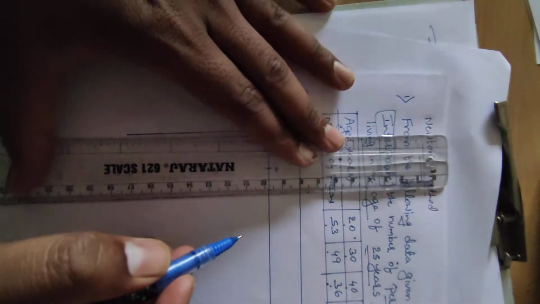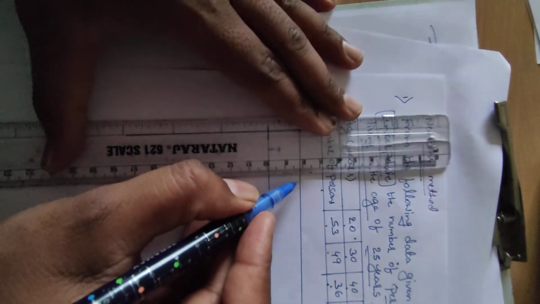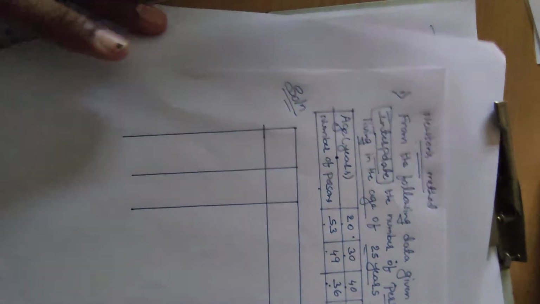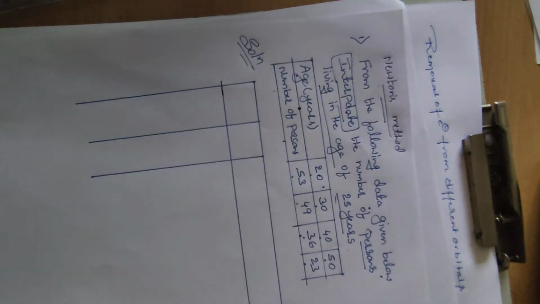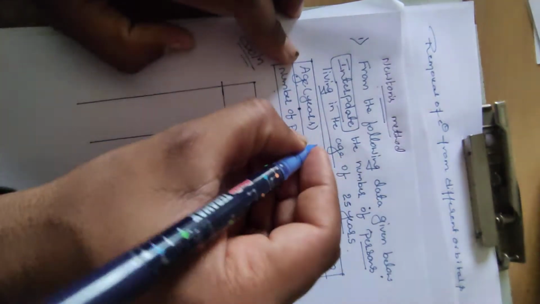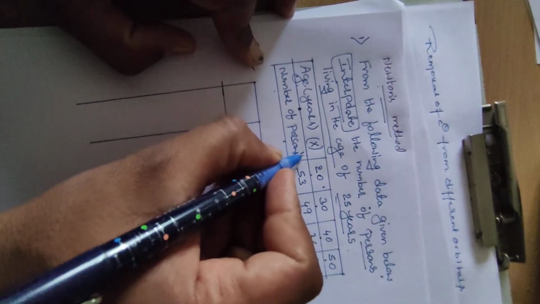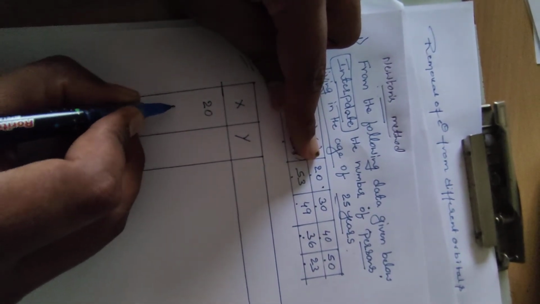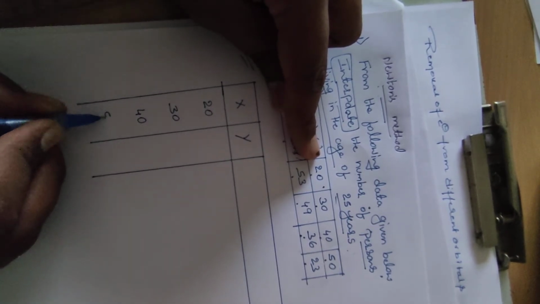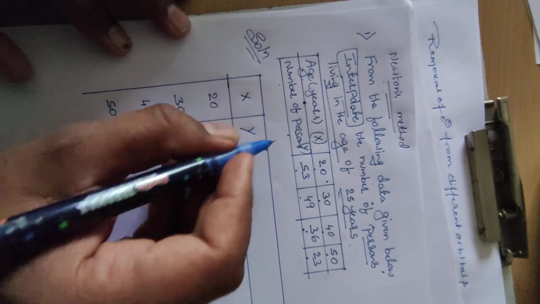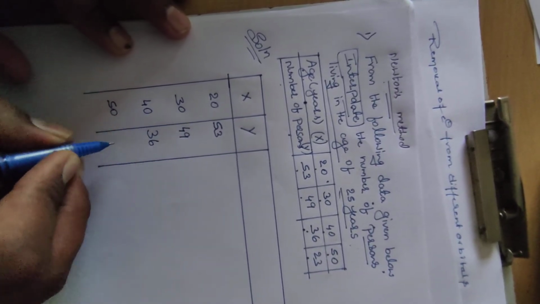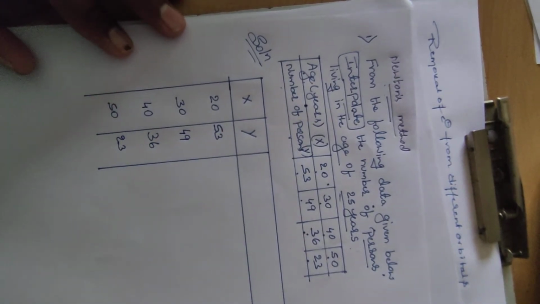First the ages, which we denote as the x variable, and next the number of persons, which we denote as the y variable. X: 20, 30, 40, 50. Y: 53, 49, 36, 23.